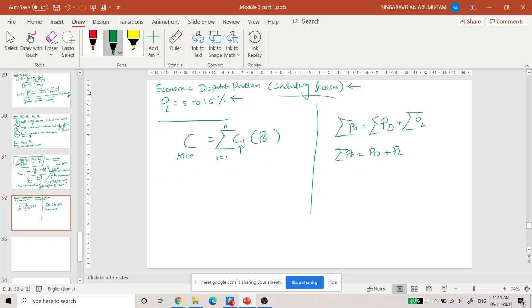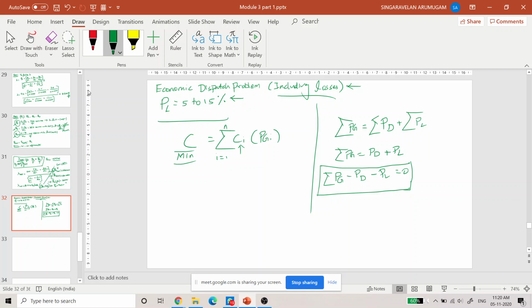Writing this as an equality constraint, the power flow equation is: the summation of all the power generated, Pg, minus Pd minus PL equals 0. This will be the equality constraint.